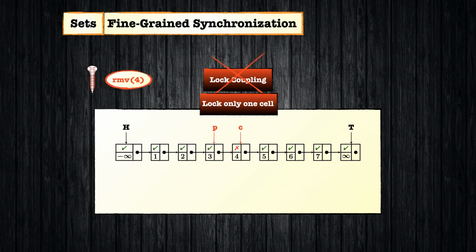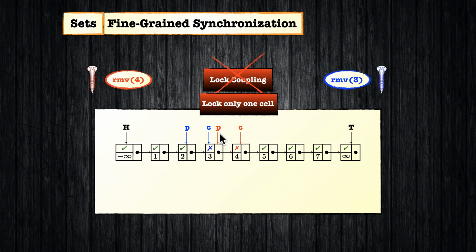So now, at this point of time, maybe a second thread, the blue thread, will become active and tries to remove 3. And it will repeat the operation. So it will start from the left, and it only locks the C cell, and then it starts searching until it finds the position where to remove the 3, which is this position here.